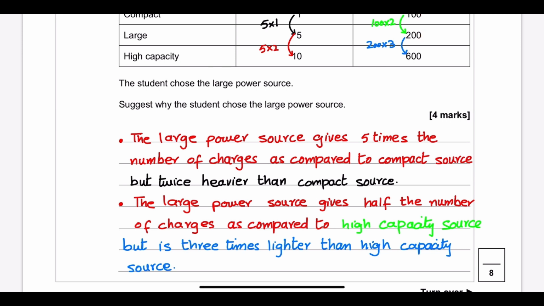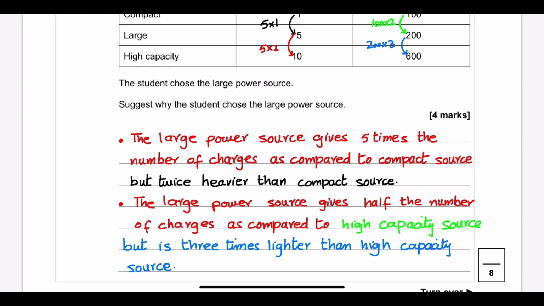The large power source gives half the number of charges as compared to the high capacity power source. You can see here the high capacity power source gives 10, whereas the large power source gives 5.